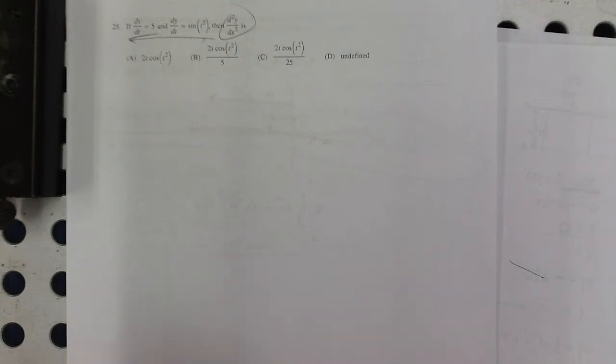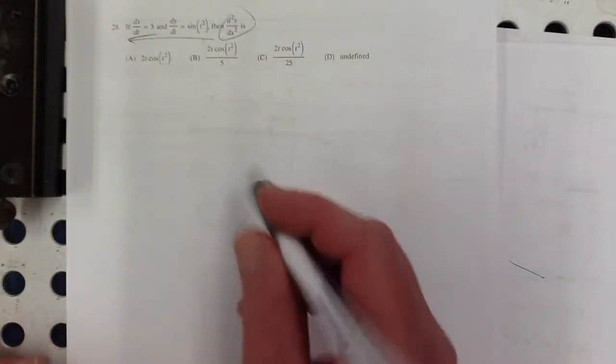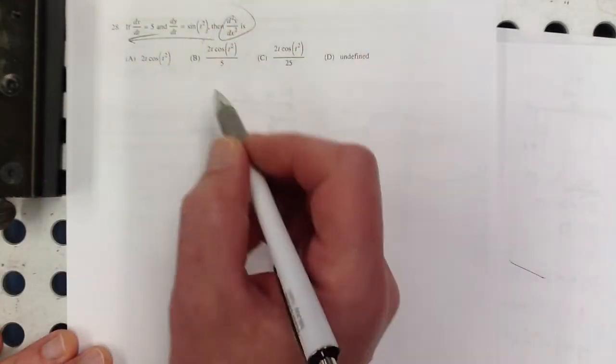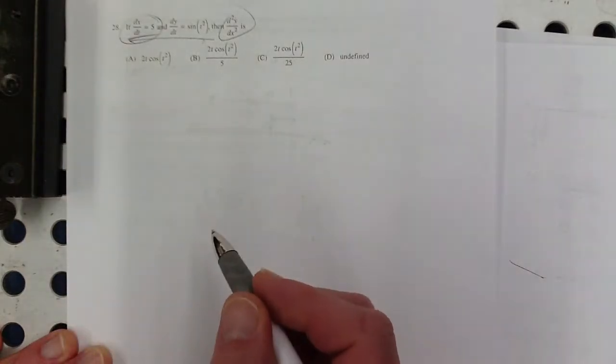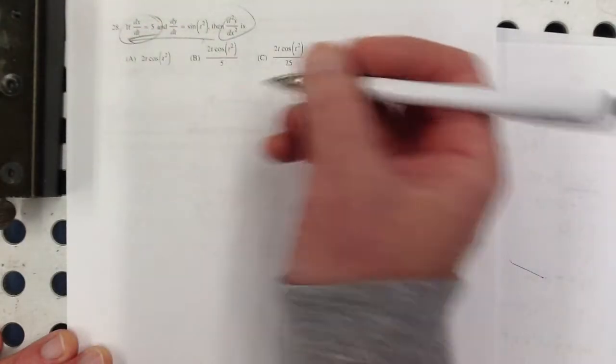So without doing anything else, I think it's going to be, well, let's go ahead and do it. It's not going to be this one because we have to divide by the extra dx dt. So anyway, let me just write down what it is.